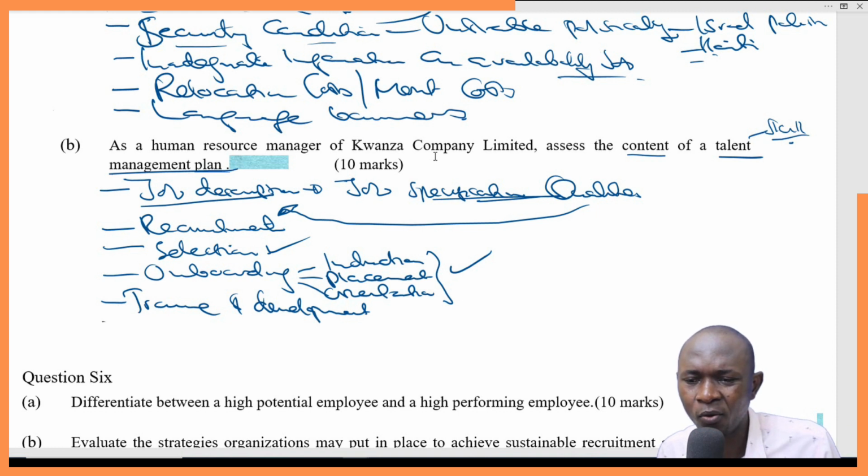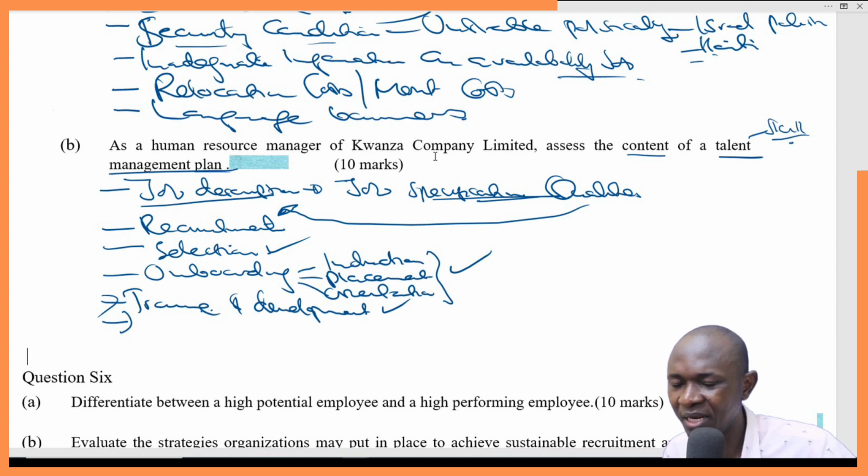Then, how do you identify the skill set? How do you train this person to improve on his talents, what he already had? Training and development. Invest in training and development. This is something that we expect in a talent management plan.